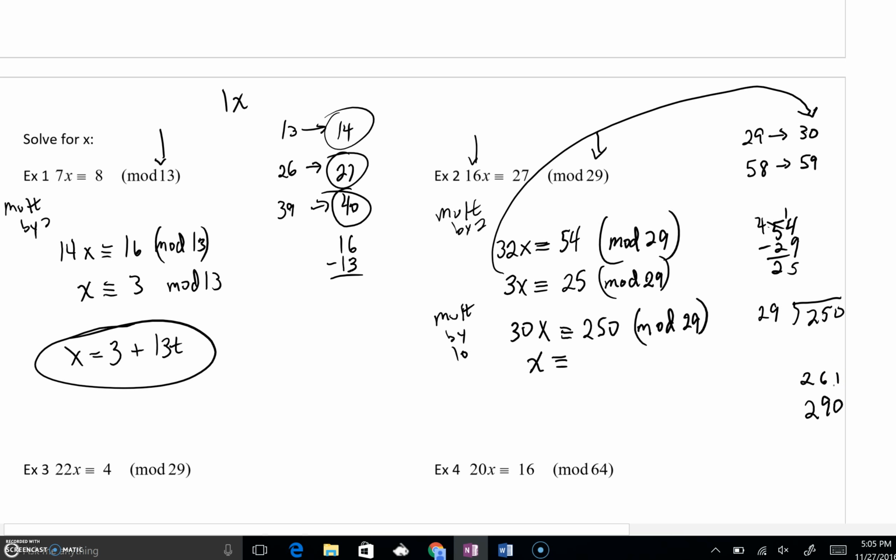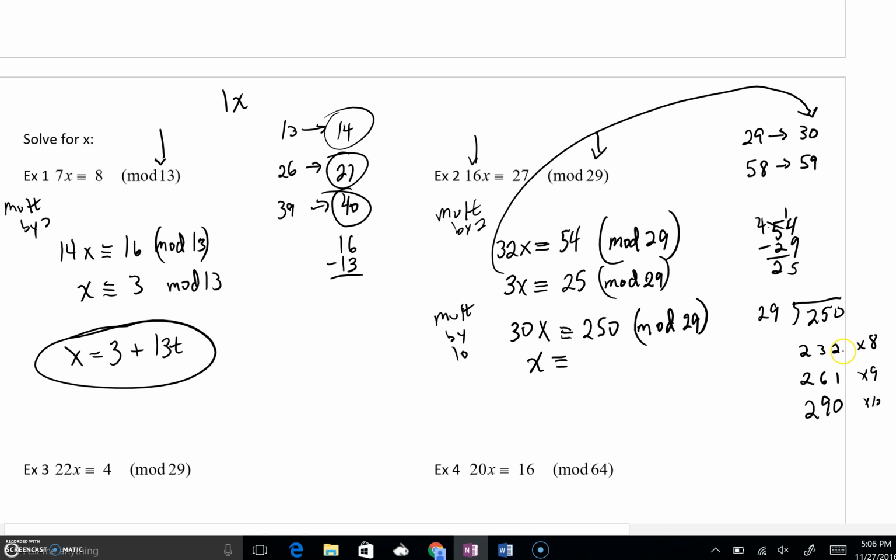That would be at 261. And if we were to subtract 29 again, well, imagine that you subtract 30 and you add 1 back, you'd be at 232. Why am I doing all this? Well, this would be a multiple times 10. This is a multiple times 9. This would be a multiple of 29 times 8.